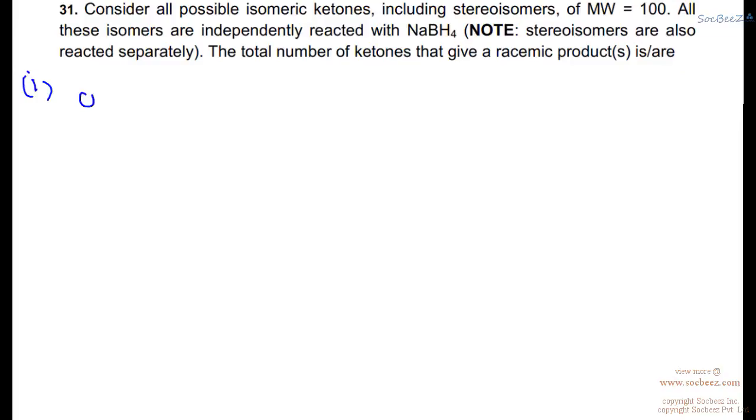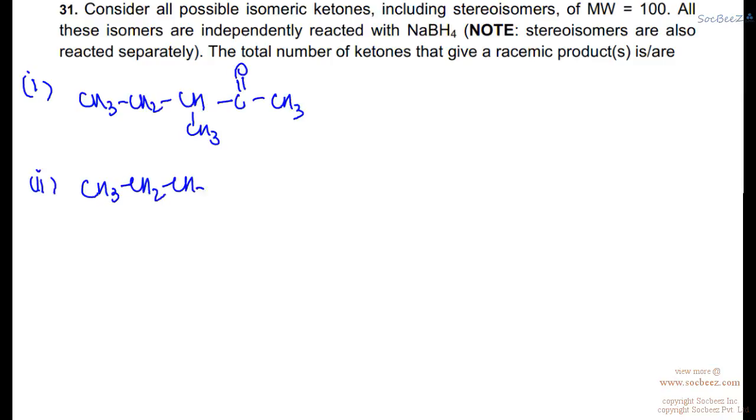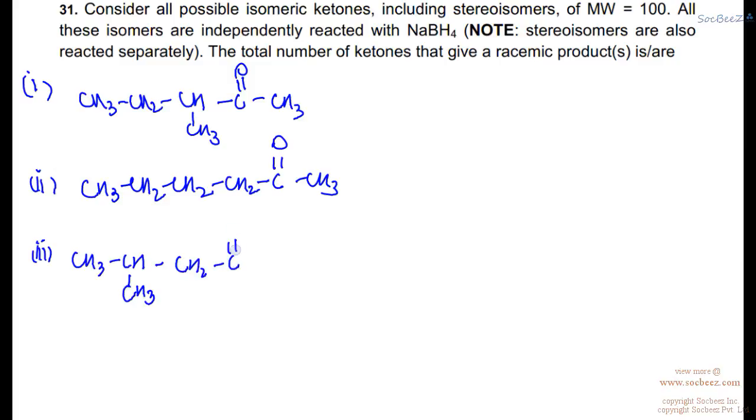So the first is CH3, CH2, CH, CH3, C, CH3. Second is CH3, CH2, CH2, CH2, C, CH3. Third is CH3, CH, CH3, CH2, CH, double bond O, CH3.